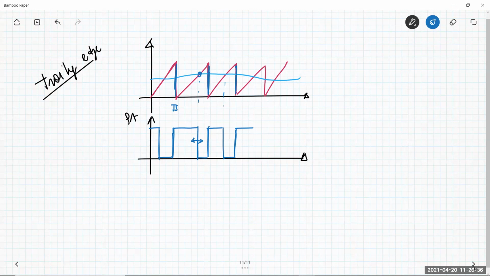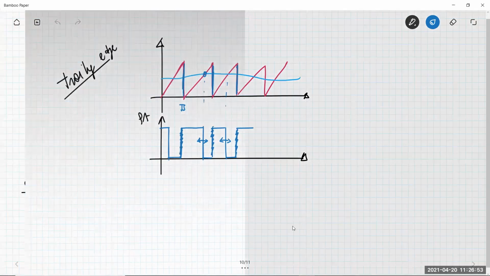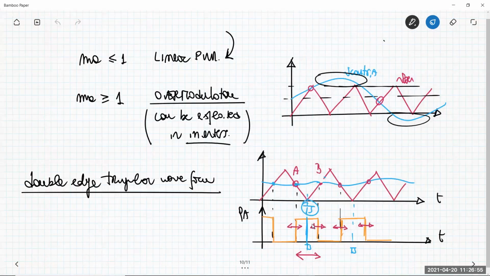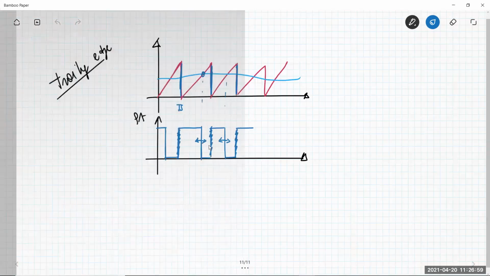So this point is fixed, you cannot move it. You are just modulating the falling edge. Previously you were modulating both rising and falling edges, in a symmetric way with respect to Ts.